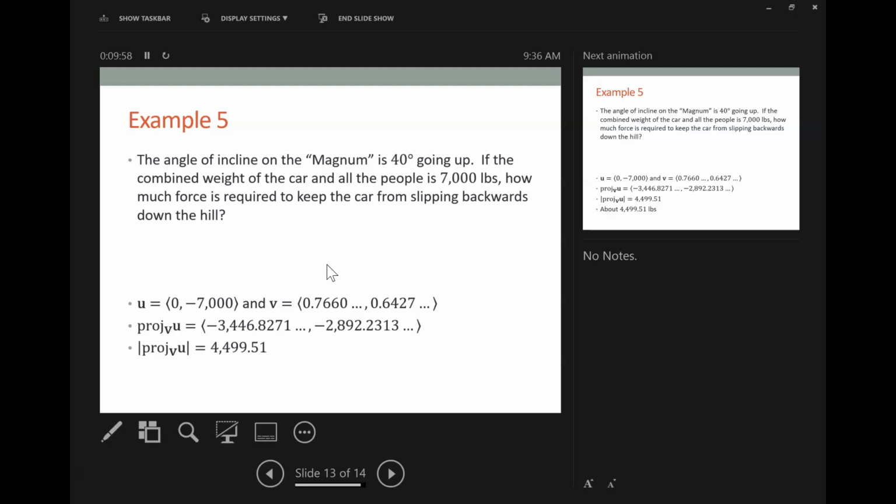Physics students, how much? So this 4,499.51 is a force pulling down the ramp. How much force do we need moving up the ramp to keep the car from falling backwards?